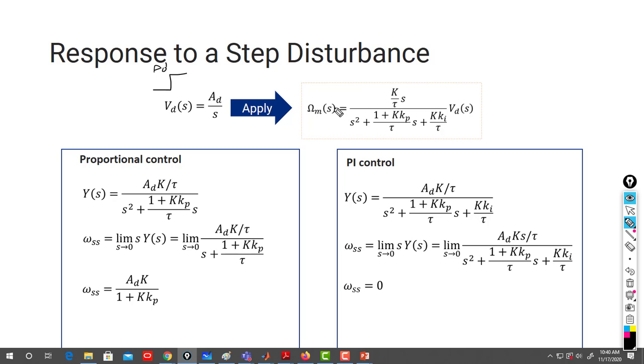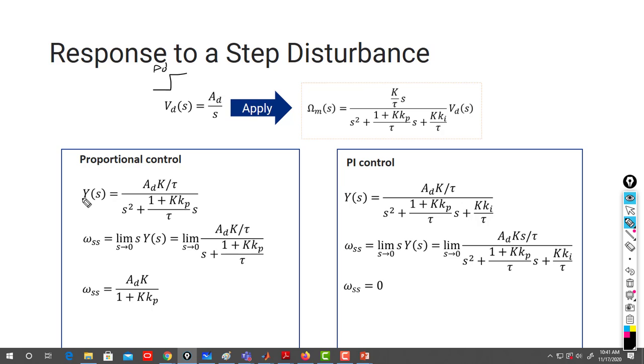Here they call it omega m. Doesn't matter. At the end, it's the velocity, angular velocity of the motor. So sometimes they call it y. Maybe they get confused you, but it's all right. So it helps you reflecting when reading and checking and analyzing things. So it's good to have this kind of thing.